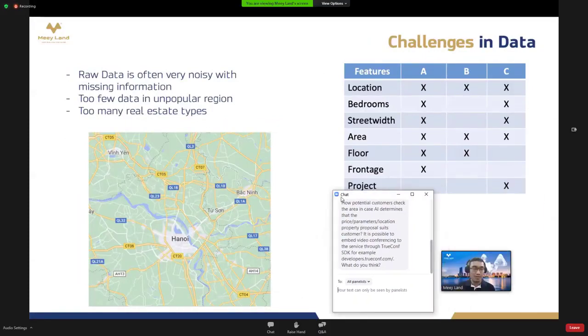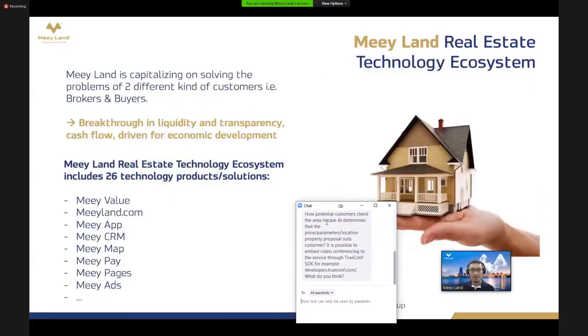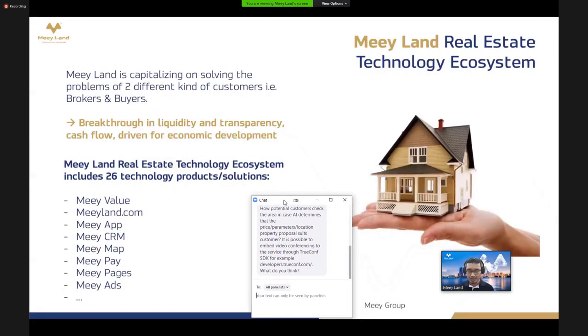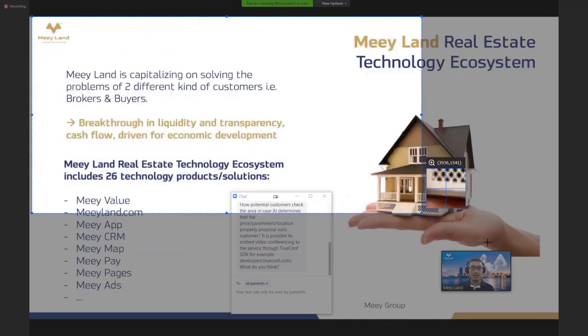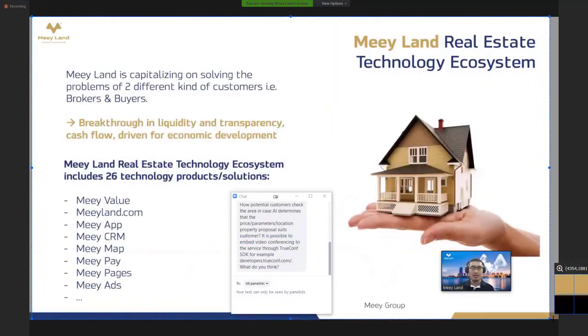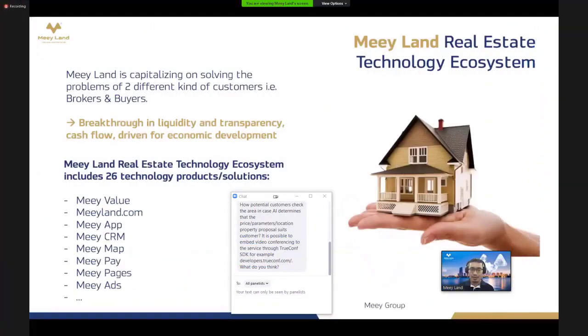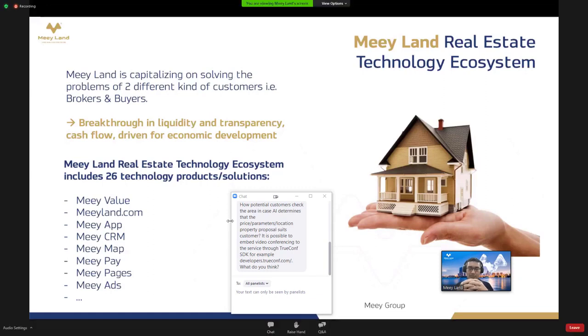And finally, a bit about Meeyland and Meey Group. We are a startup trying to make use of high technology, especially AI, artificial intelligence. And in the far future, we try to become, let's say, a Grab-like technology in real estate, where if you are a broker or a buyer or seller, you will be connected really easily.